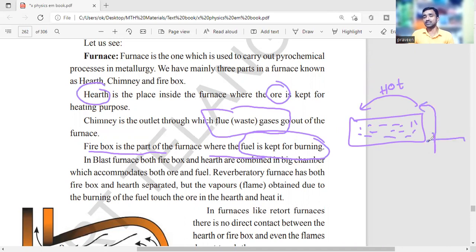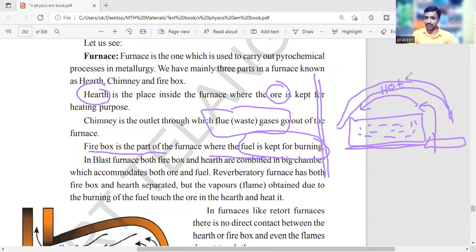Those hot gases will be supplied over the ore particles, right? So this arrangement is called a reverberatory furnace.